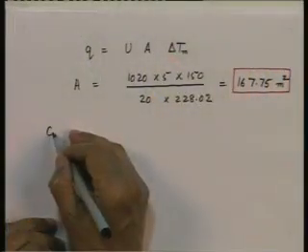Now, let us say instead of a parallel flow heat exchanger, the arrangement instead of being parallel flow is counter flow. I ask you to calculate the area A of the heat exchanger if the flow arrangement is counter flow. Let us do a further calculation.